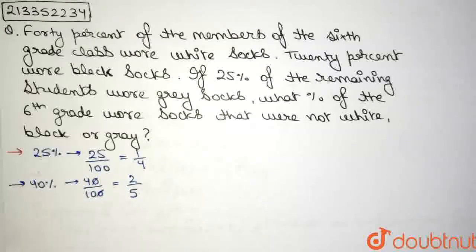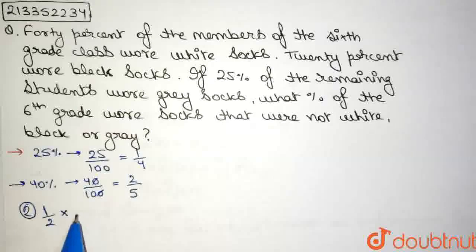Now, the second concept that we need to keep in mind is, suppose we want to find a fraction of some other fraction. So for example, if I have been given 1 by 2 and I want to find half of this, or 50% of this. So 50% of 1 by 2 is what?